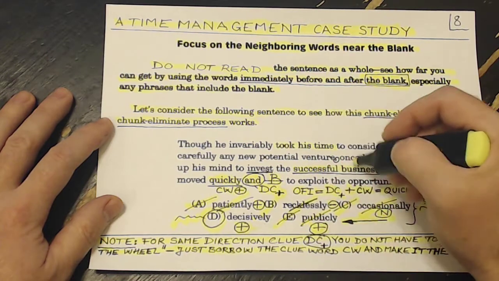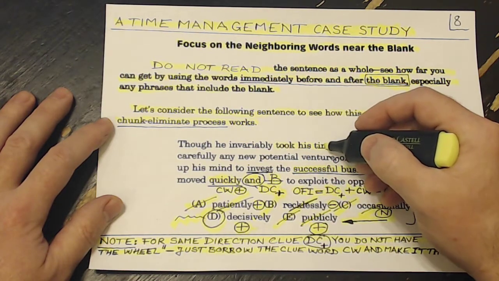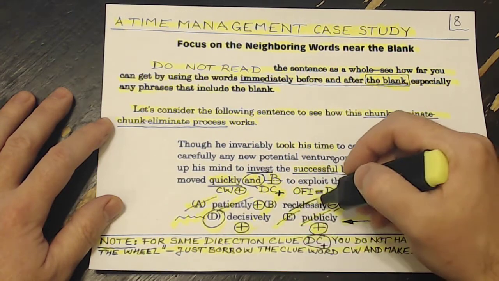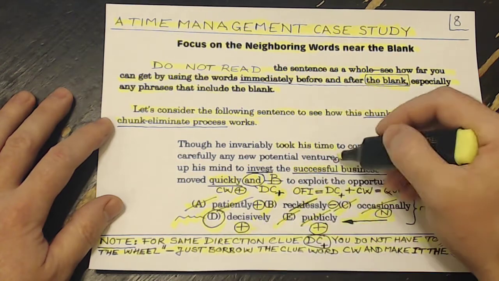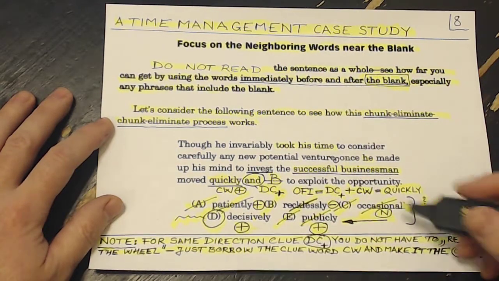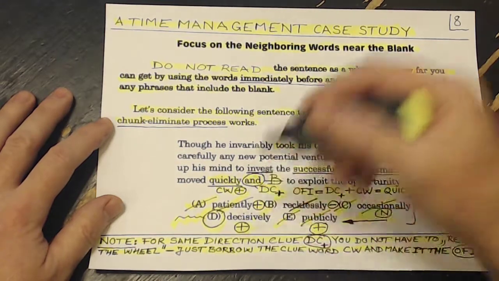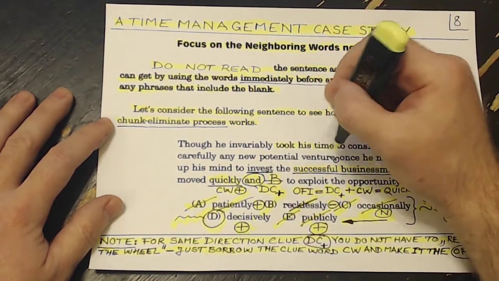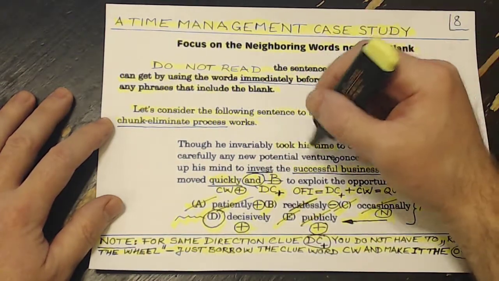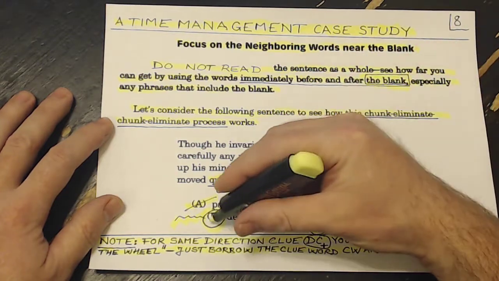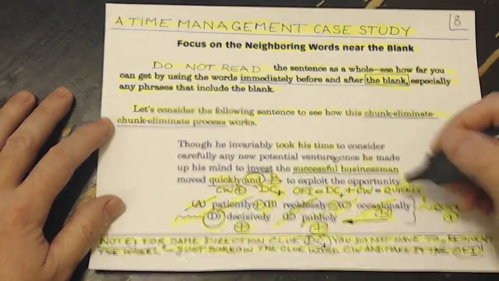So reckless is out, a successful businessman is probably more decisive than reckless. If you are reckless, you are unlikely to be successful. So with further clues, you can move on and resolve your problem of making a decision between recklessly and decisively.